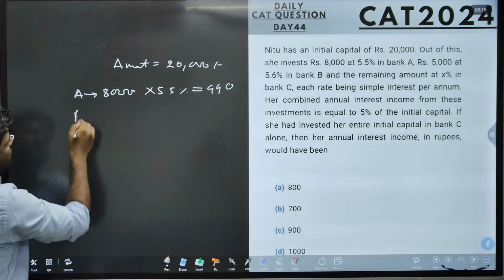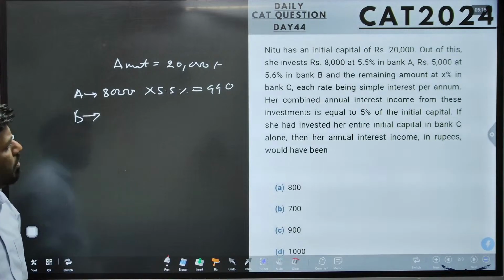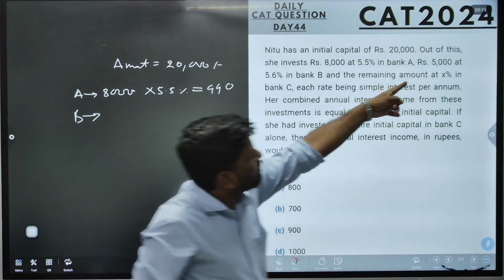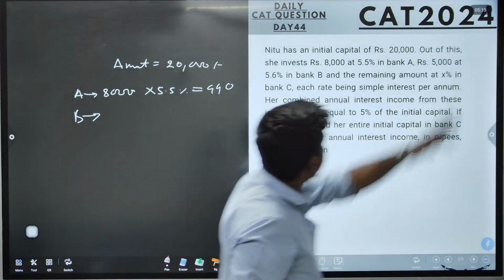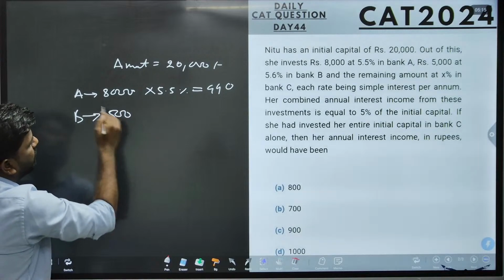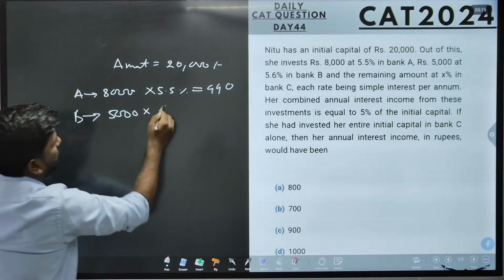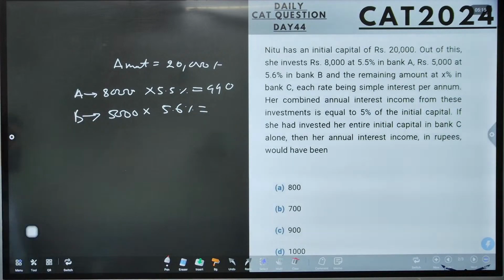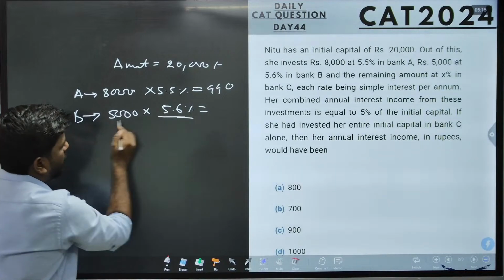Let's read further about bank B. She invests rupees 5,000 at 5.6% in bank B. At the end of 1 year, she will get 5.6% of 5,000.